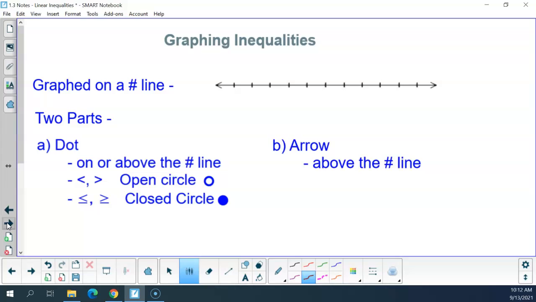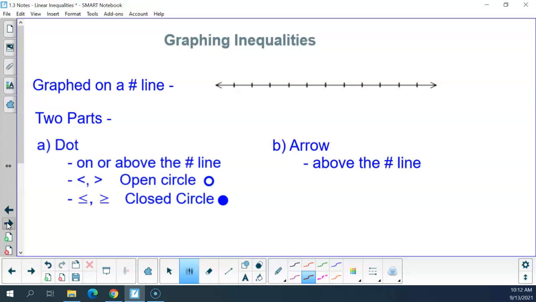The first part is the dot. If we are less than or greater than, our dot is open, so it's basically just a circle, right on that number. If it's less than or equal to or greater than or equal to, we fill in that dot to signify that that number is included.